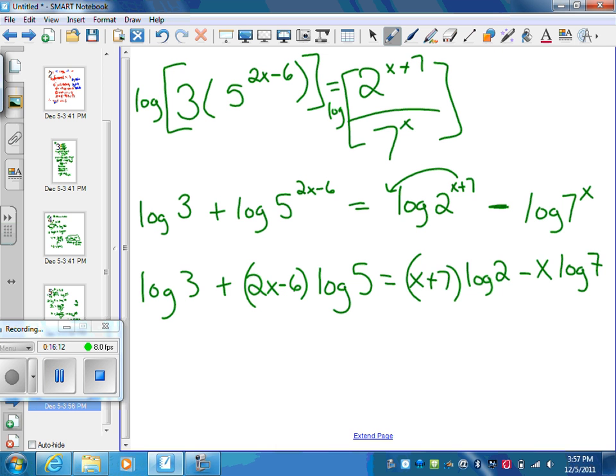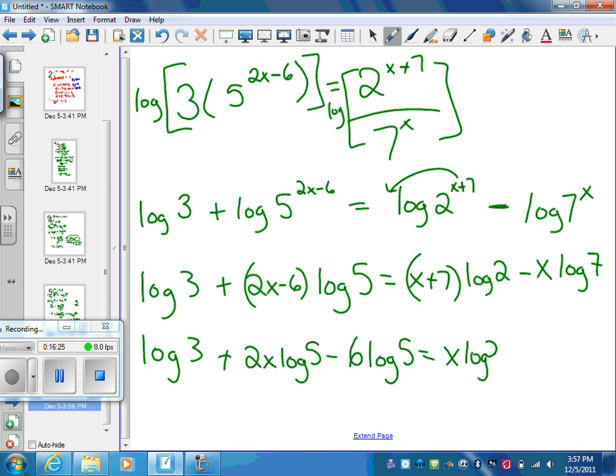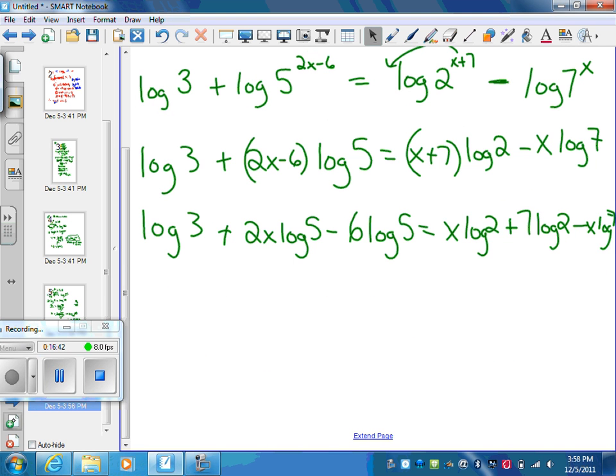Okay, I'm going to do some distributing. Log 3 plus 2x log 5 minus 6 log 5 is equal to x times log 2 plus 7 log 2 minus x log 7. And I'm going to bring all the x's to one side, anything with an x to one side.